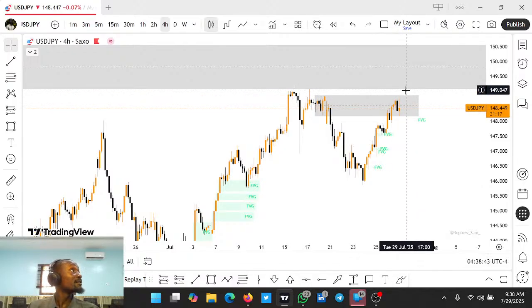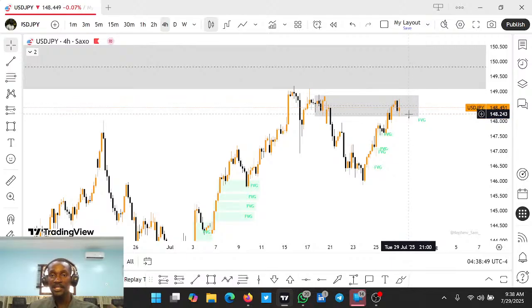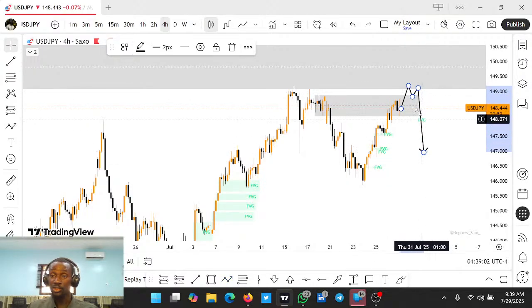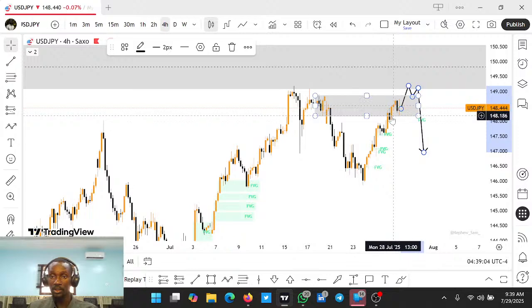If price taps into this zone, I should be looking for an opportunity to sell. Price has to give me a confirmation that it's about to sell. So my bias might switch during the day.